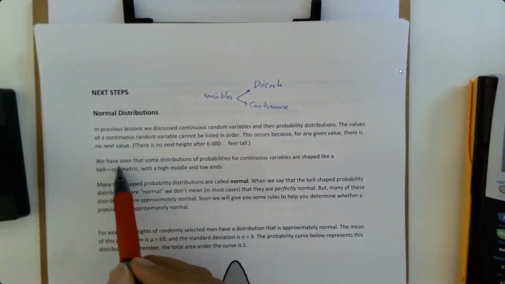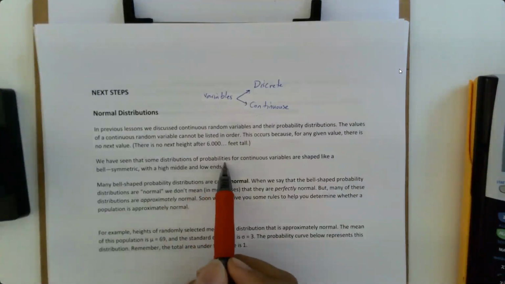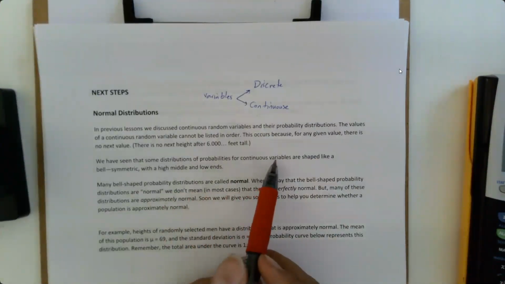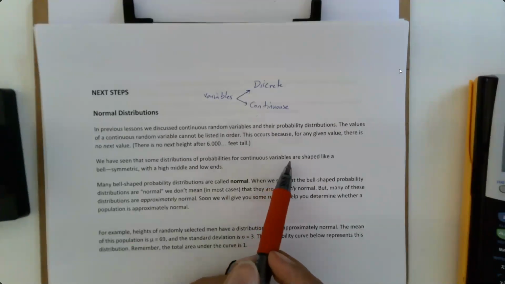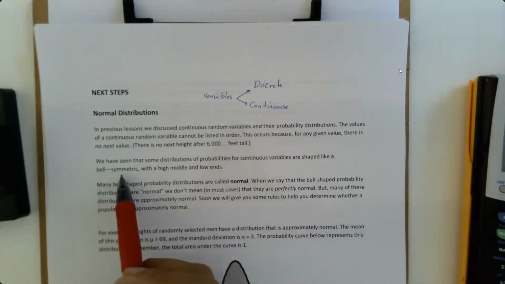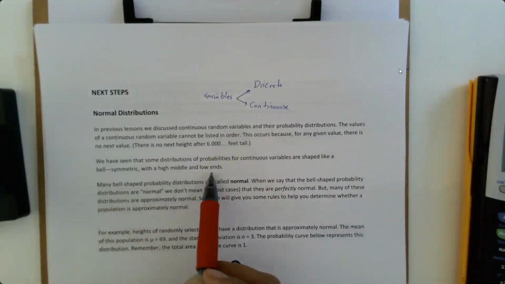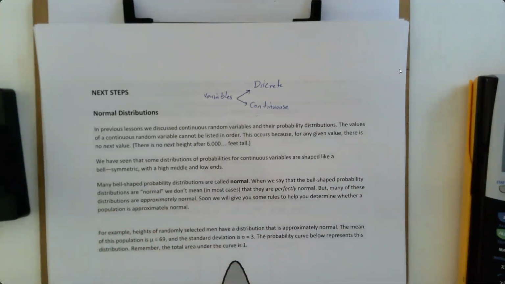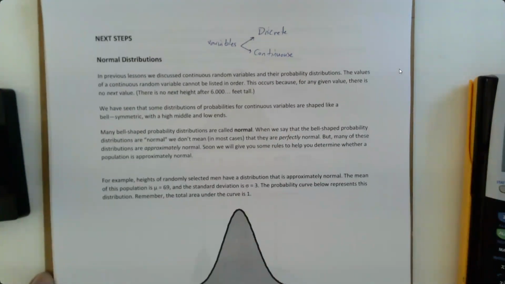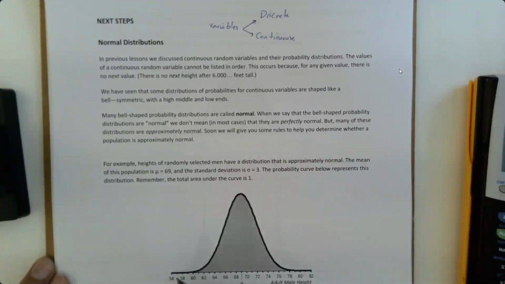We have seen that some distributions of probabilities for continuous variables are bell-shaped or symmetric, with high middle and low ends. What's the graph like? The graph is like a bell, nice and symmetric.